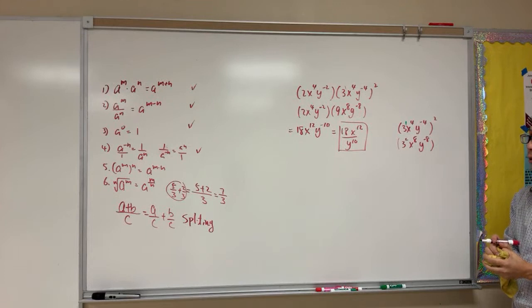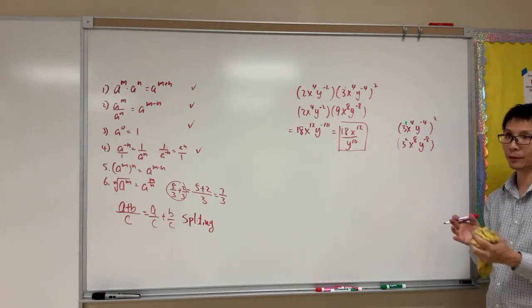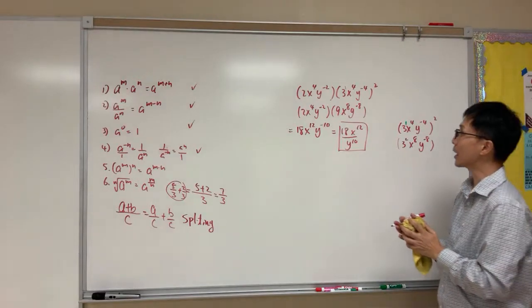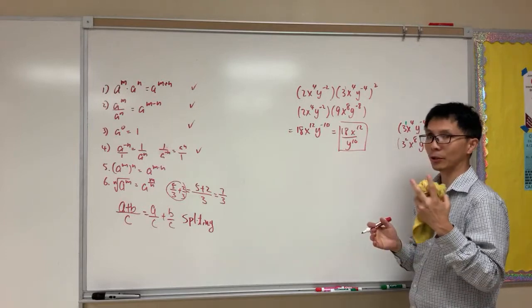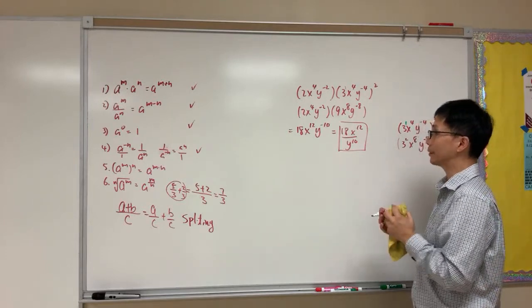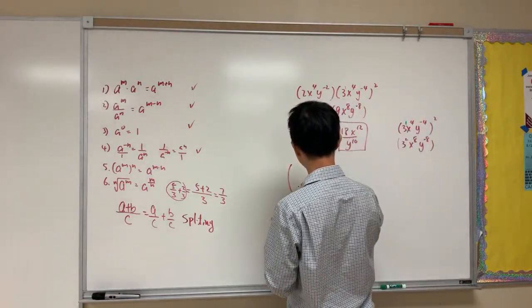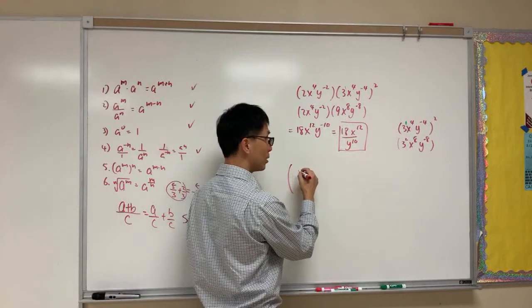Okay. We're going to deal with the last one. And we're going to deal with a really difficult problem. A lot of people have problems with this type of question. And I already went over it several times. The students still don't get it. So I'm going to go over 2 different examples. Hopefully students can understand. So I'm going to go to this question, and we're going to deal with fractions as well.